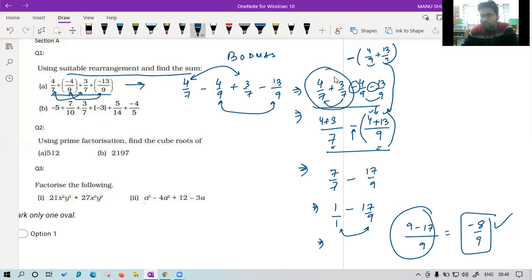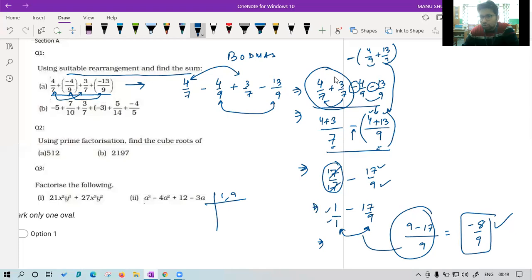After that, we got 7 upon 7 and 13 plus 4 is 17 upon 9. 7 upon 7 is actually 1 upon 1 only. So like this, we have got minus 17 upon 9. Okay, sir. Now, LCM of 1 and 9 is what? You know already, LCM of 1 and 9 is 9 only.